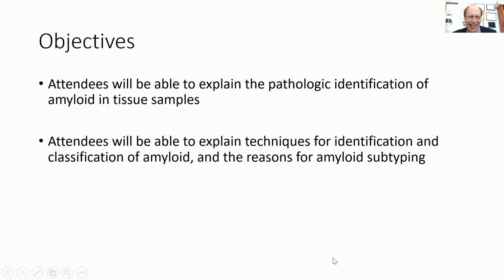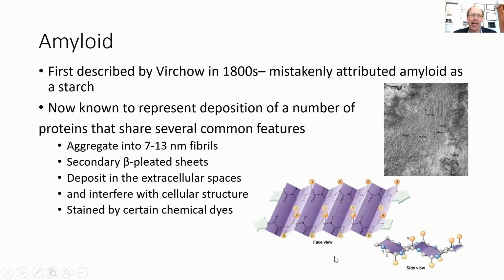All right. Hopefully people will develop a better understanding of the process of how we diagnose amyloid and the ways that we can further subcharacterize it. This finding of amyloid was described by a pathologist almost 200 years ago. It was Virchow in the 1800s.